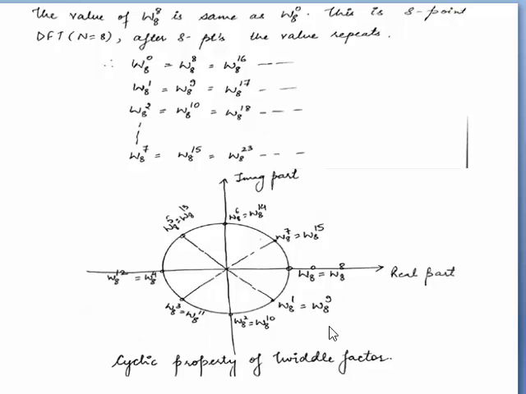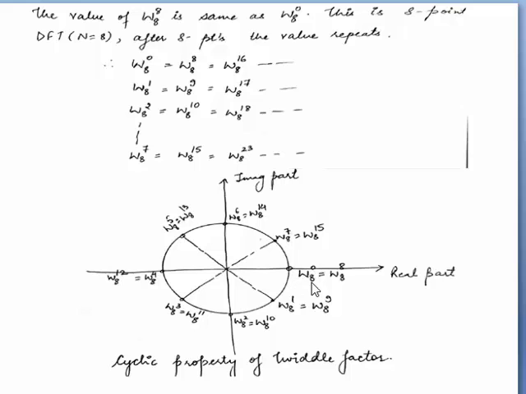In this graph, between real versus imaginary, or we can say imaginary versus real part, or DFT plane, discrete Fourier transform plane, a circle is divided into 8 equal parts, that is 0, 1, 2, 3, 4, 5, 6, 7. So 0 to 7 means 8-point DFT. That's why we divide it into 8 equal parts.